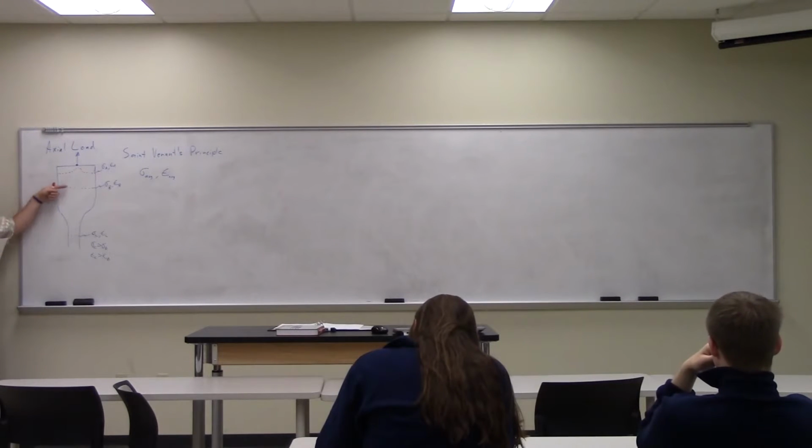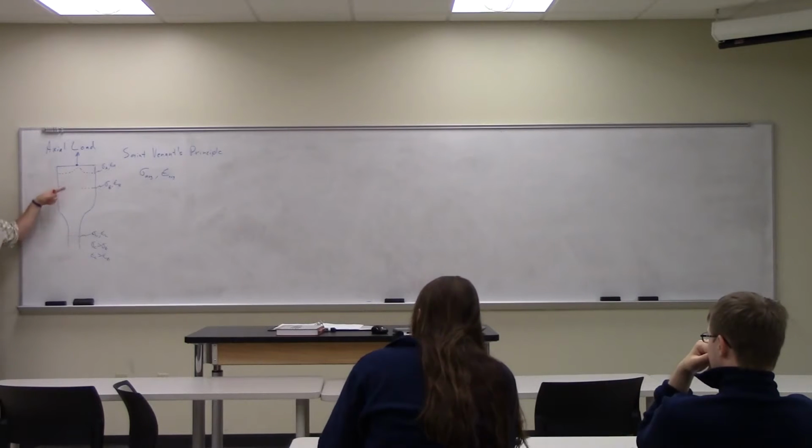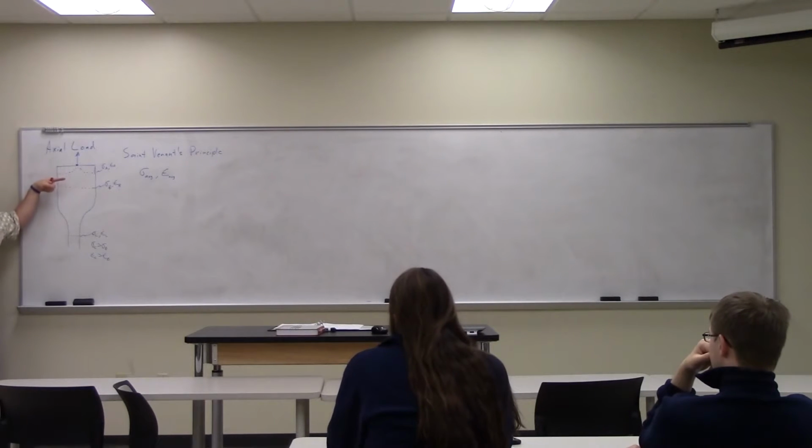So even though we have uniform stress and strain across the sample, as long as we're far away from the load application point, that doesn't mean that it's uniform along the sample. We can still have variation along the sample, we just have no variation across the sample.